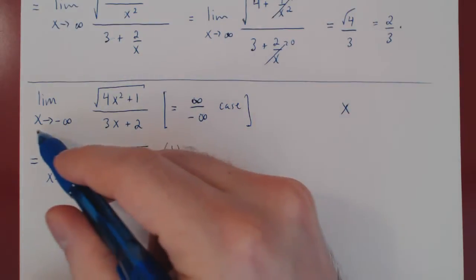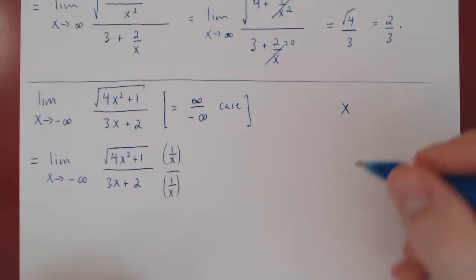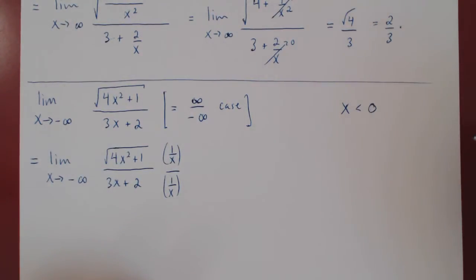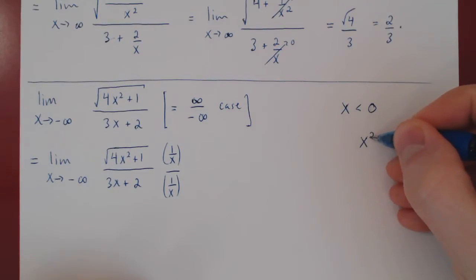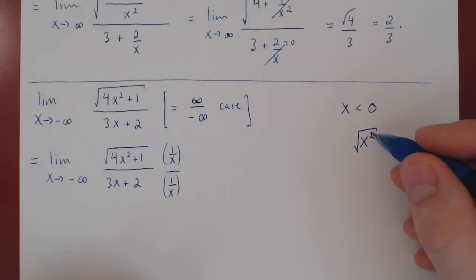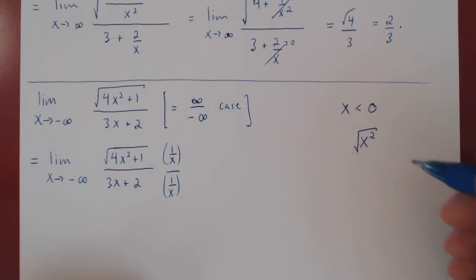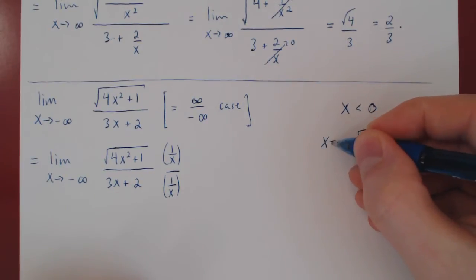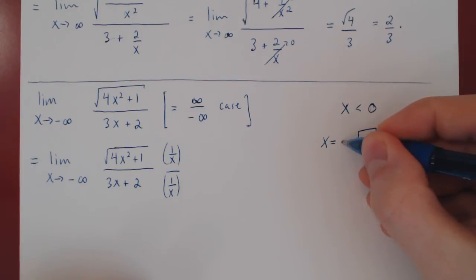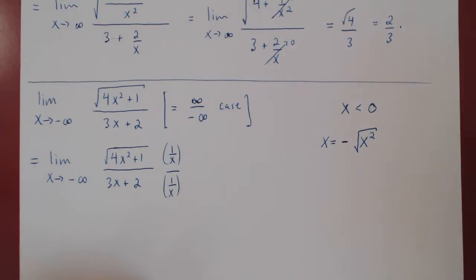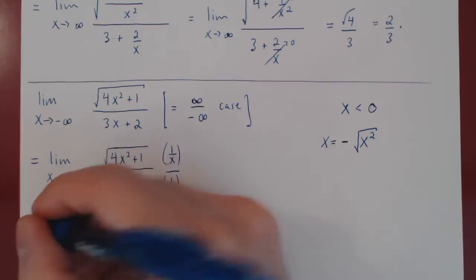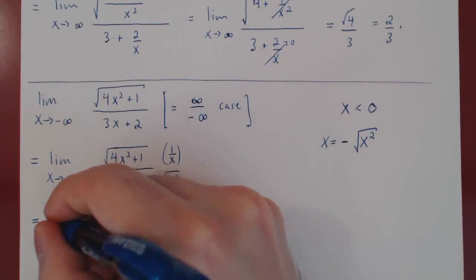As x approaches negative infinity, x is very large and negative. So now if you square x and take the square root back, you get x back, but you've lost because of squaring the negative sign. So x is not the square root of x squared, but now the negative of the square root of x squared. So let's see what that gives us.